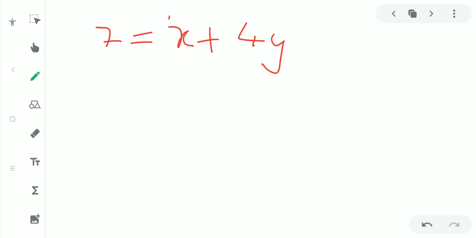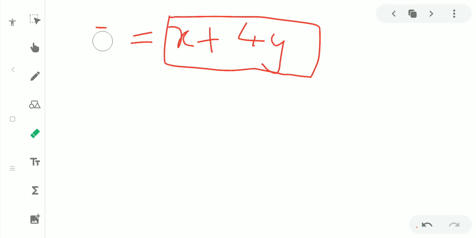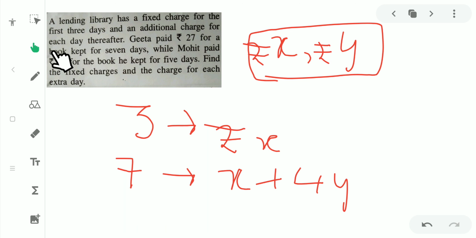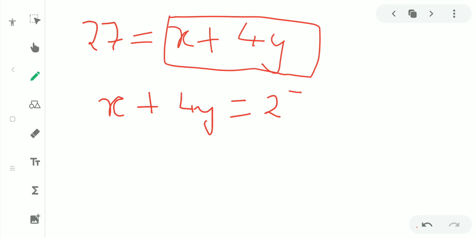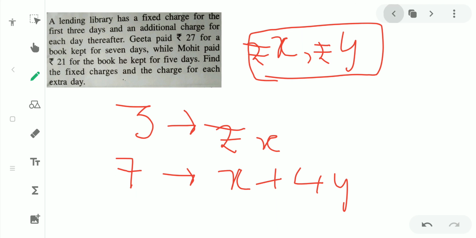So this is our price, and the total cost is given in the question, that is Geeta paid 27 rupees for 7 days. So x plus 4y is equal to rupees 27.